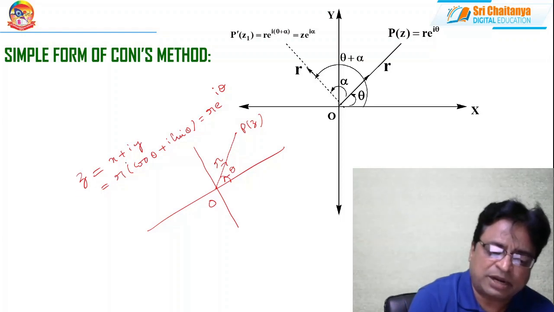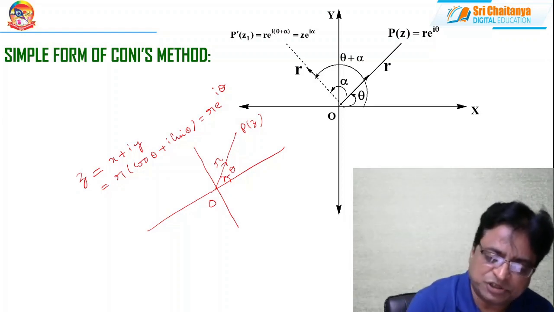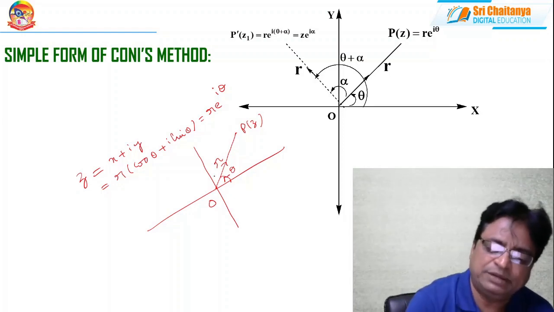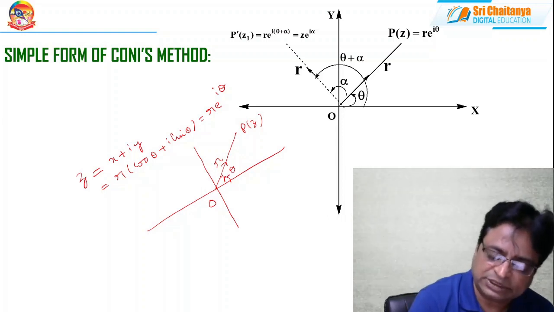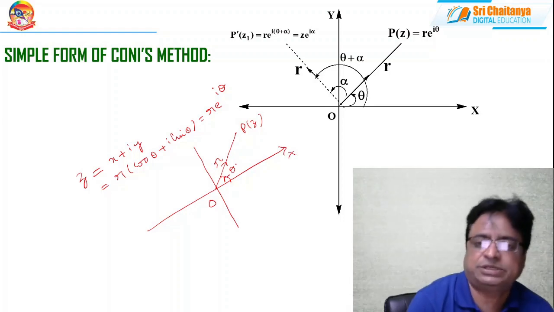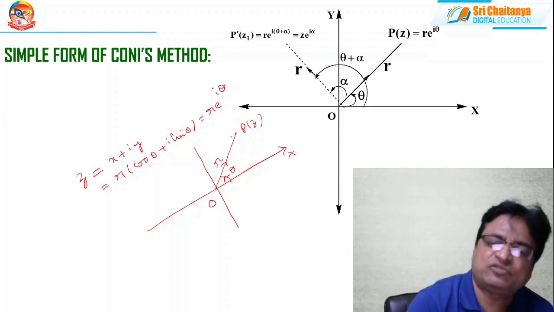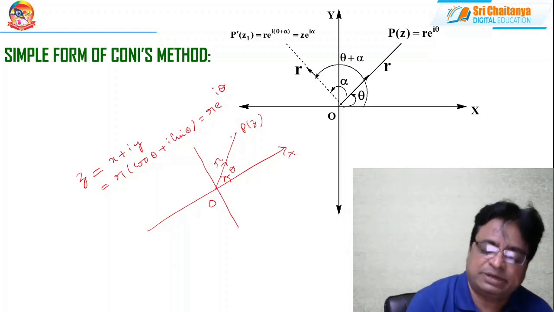Suppose the argument is theta. What does it mean? If I join the line OP, then the angle made by OP with the x-axis in the anti-clockwise direction is nothing but the argument. And the distance between O and P is the magnitude of the complex number.